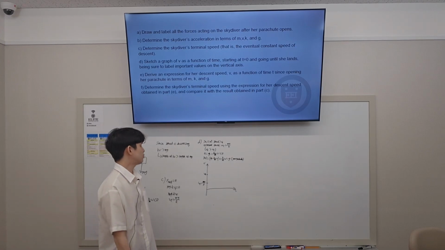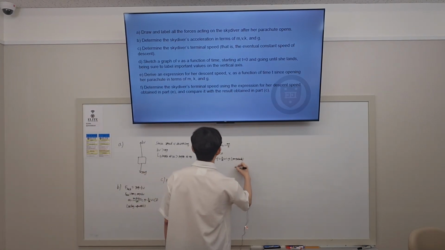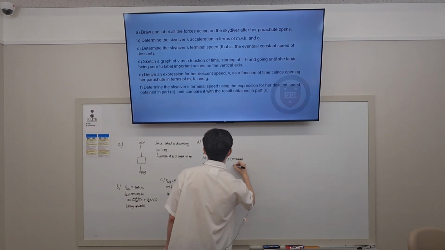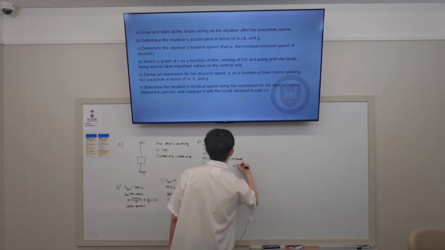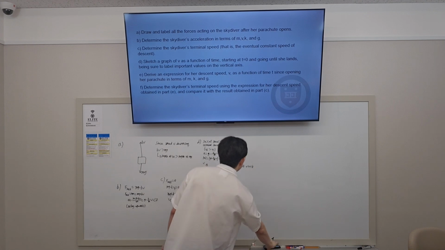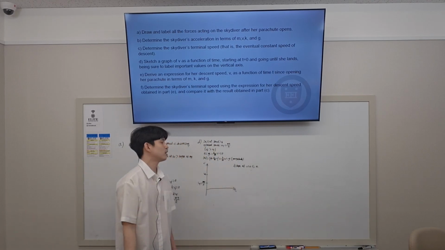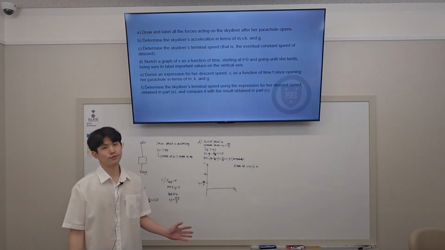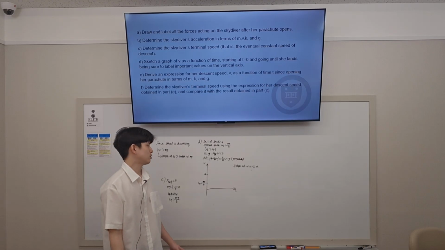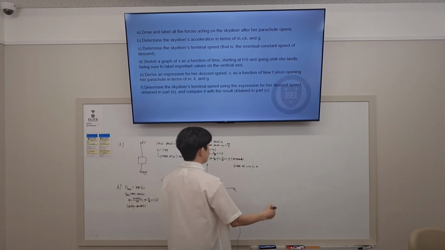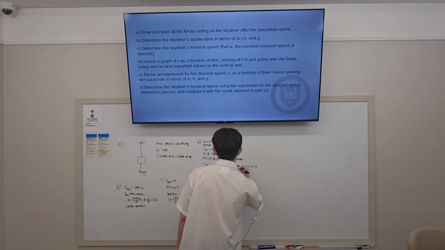Before we draw it on the graph, we need to notice that the slope of the v versus t graph is acceleration, because if you differentiate v with respect to t, you get acceleration.